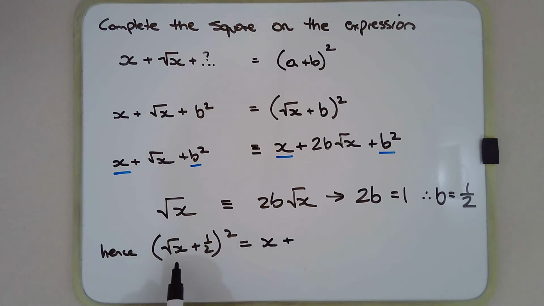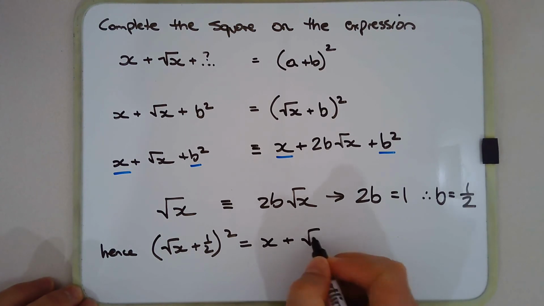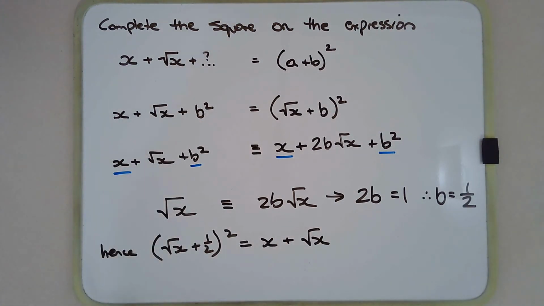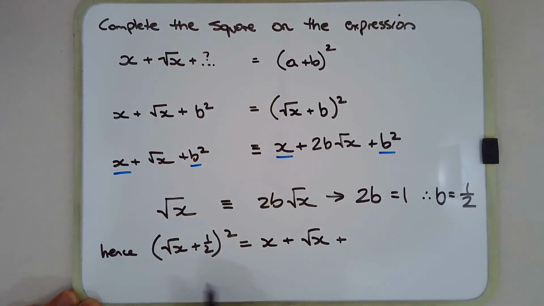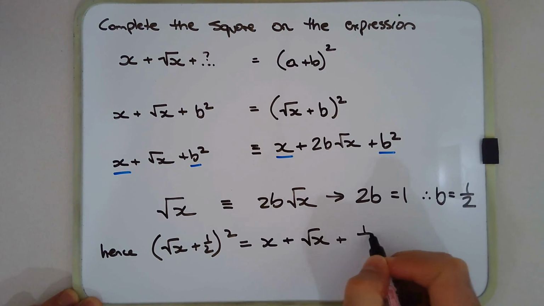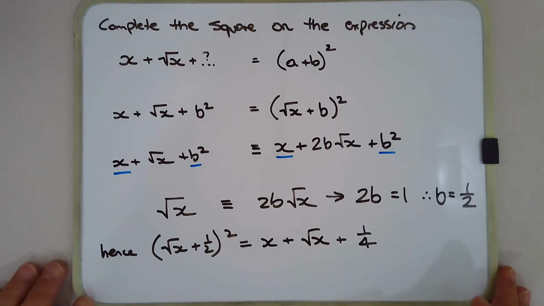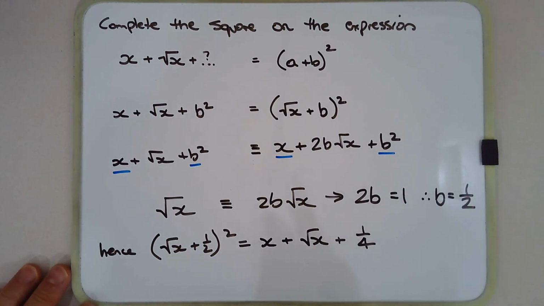So that's 2 times half times root x, or 2 times half is 1, then you've got root x. So that's all good. The first two terms are the same as our original expression. Now the question mark here is going to be half all squared, which is 1/4. And we have just completed the square on the expression x plus the square root of x.